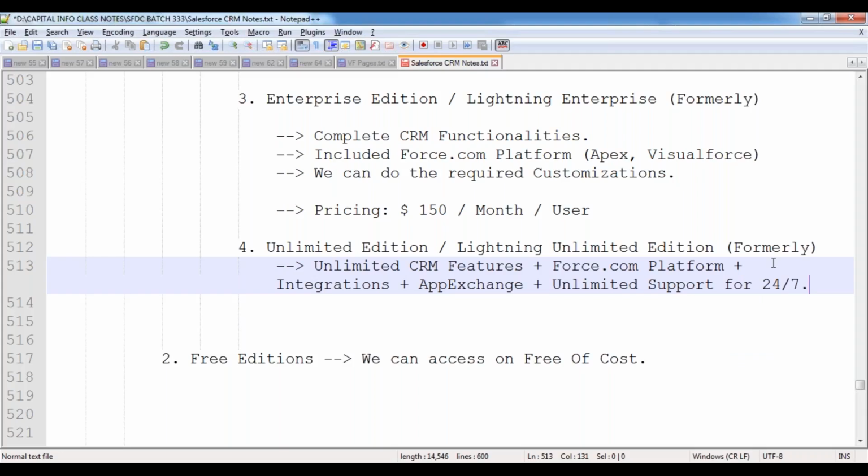Whenever you face any issue, you can contact Salesforce support 24/7. That facility is available here.